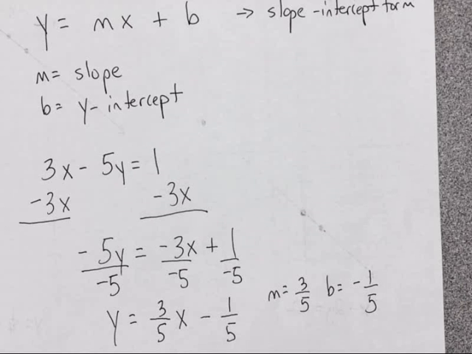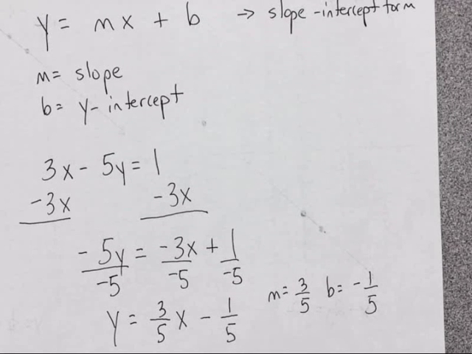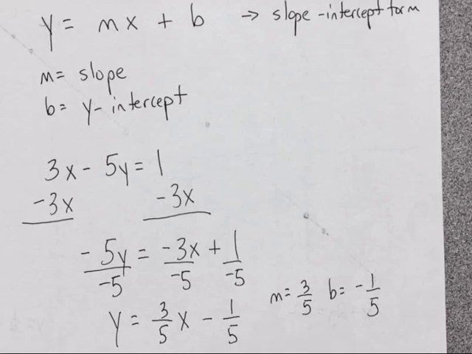We can actually use this to graph linear equations. So another way to graph. I would recommend getting good at this, and we're also going to use this in other sections as well once we start talking about parallel and perpendicular lines. And this is really good knowledge when you go forward in other math classes as well. Okay, so that's slope-intercept form.